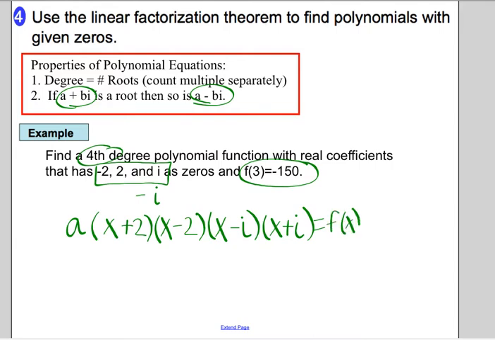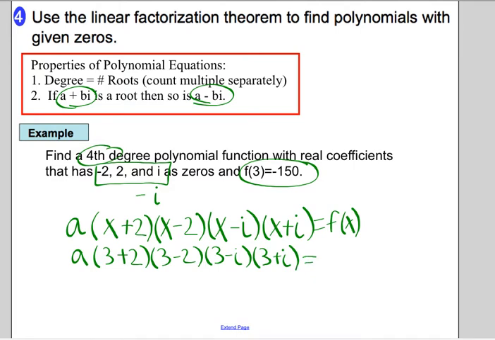Now, I know if I plug a 3 in for all these x's, the answer should be negative 150 using that point. And now I have to go through and I have to solve for the a value.